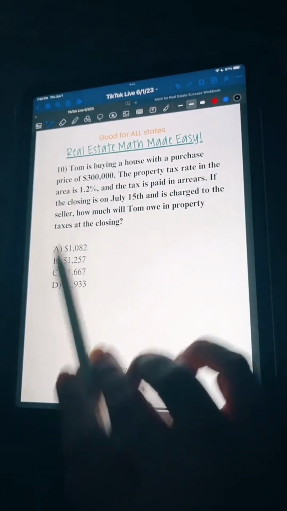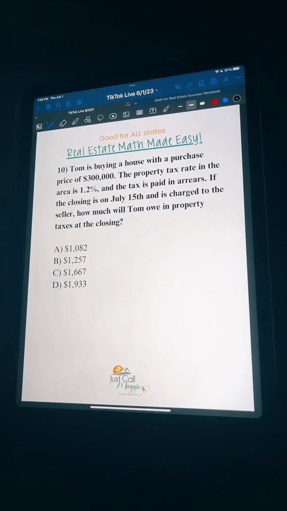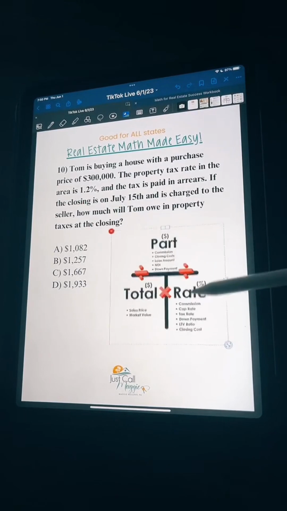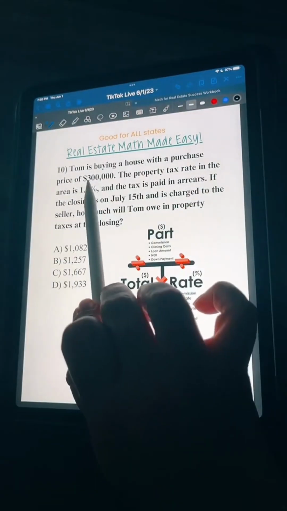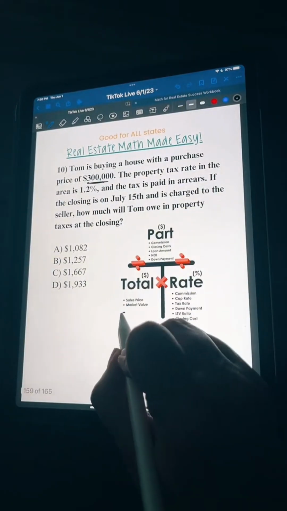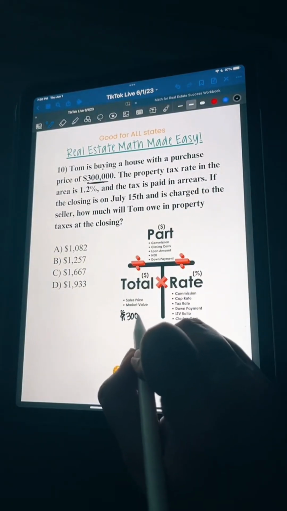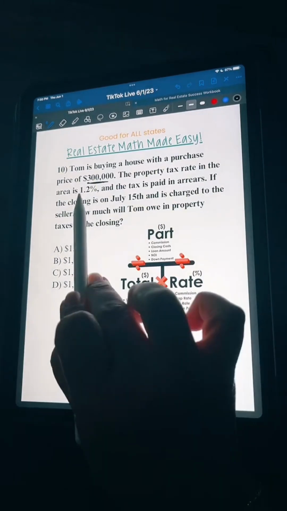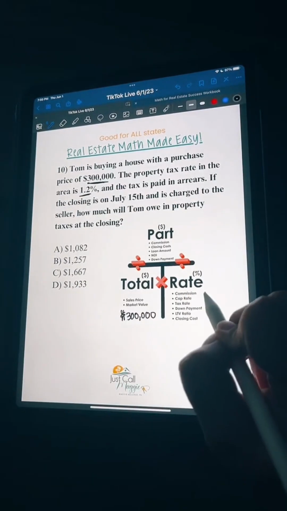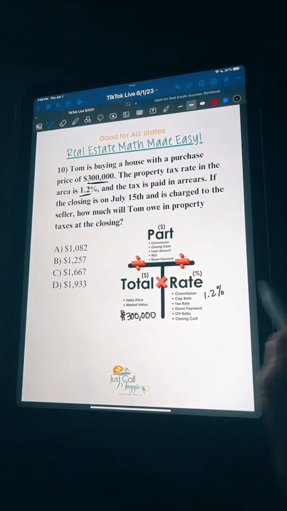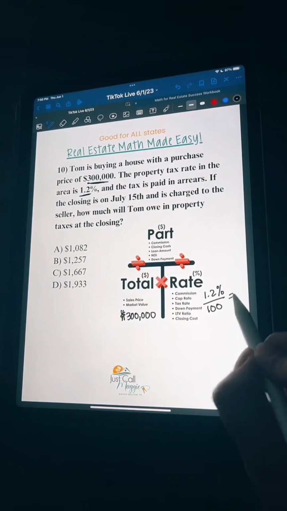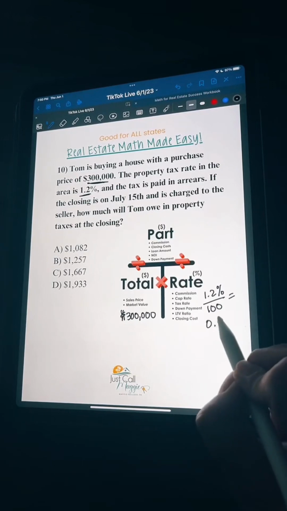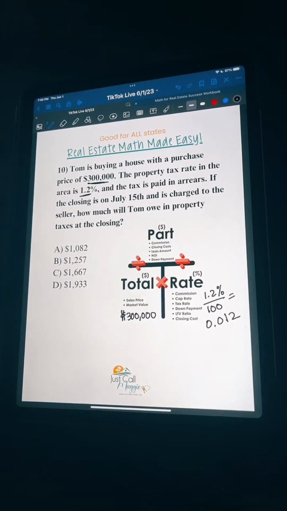All right, so the first thing we have to do is find out how much their property tax is per year. So I'm going to bring out my T-chart, and I see that the house is $300,000. So I'm going to put $300,000 here, and then 1.2% goes here. Remember to change this to a decimal. Get rid of the percent by dividing by 100, so that equals 0.012.